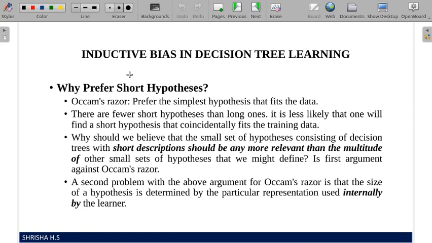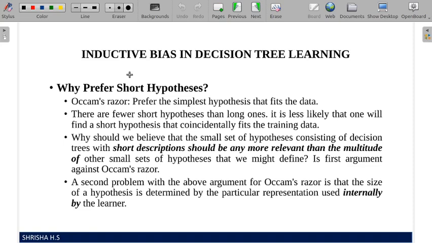There are arguments for and against. Some points say that short trees or short hypotheses are good, and some say we cannot say that because it is short it is a good one. Both kinds of arguments we will see now. The first one is Occam's razor principle. What it tells is that the simplest hypothesis that fits the data is the good one.